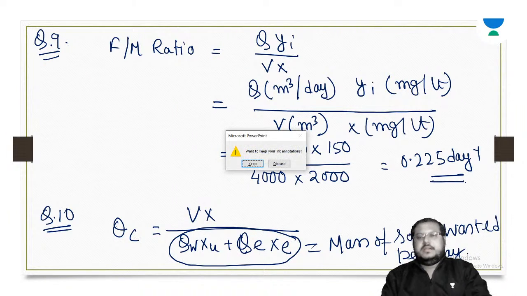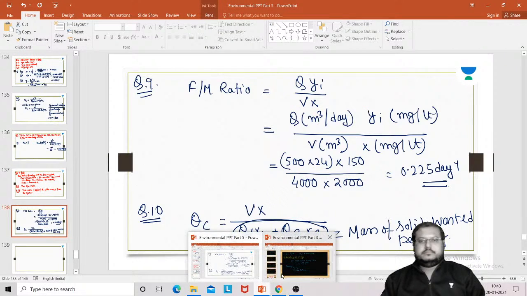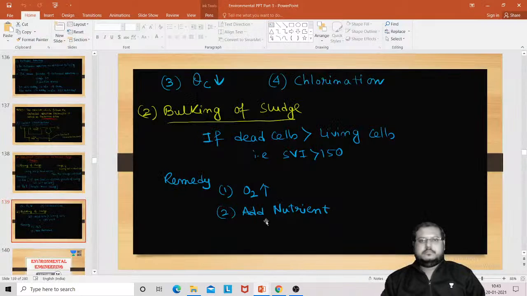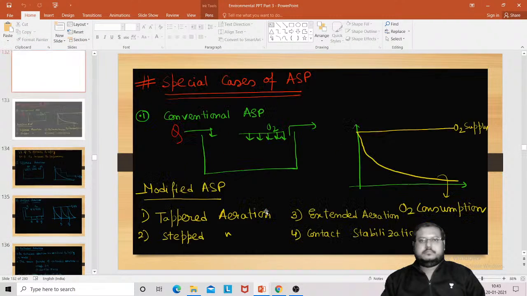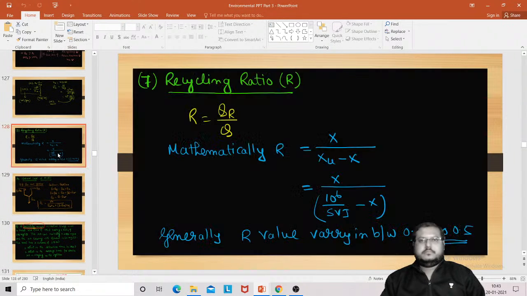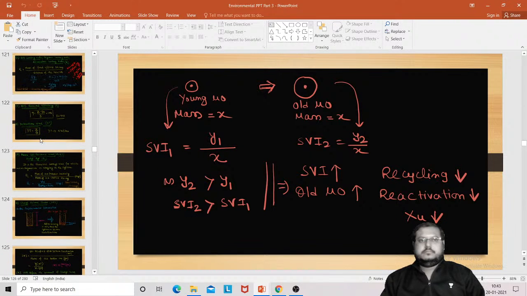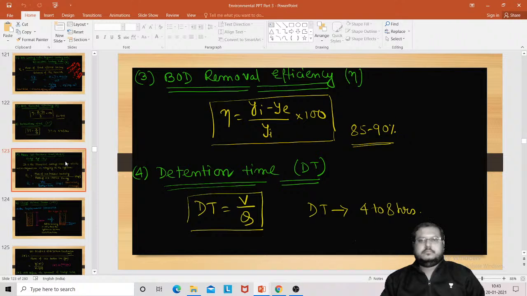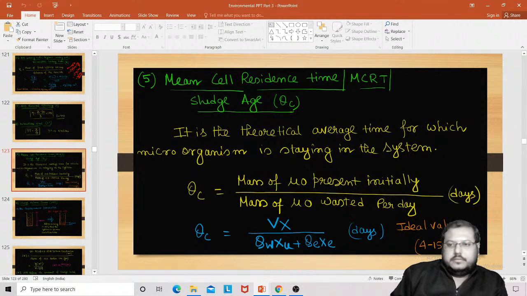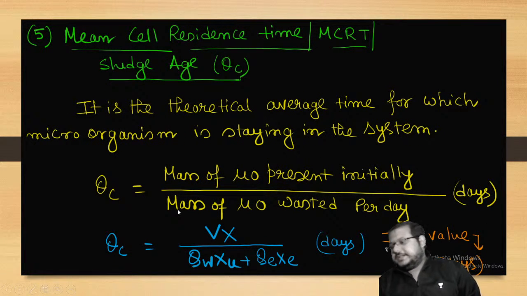If you remember, the bottom part is actually the mass of microorganism wasted per day. The whole bottom part they are asking.